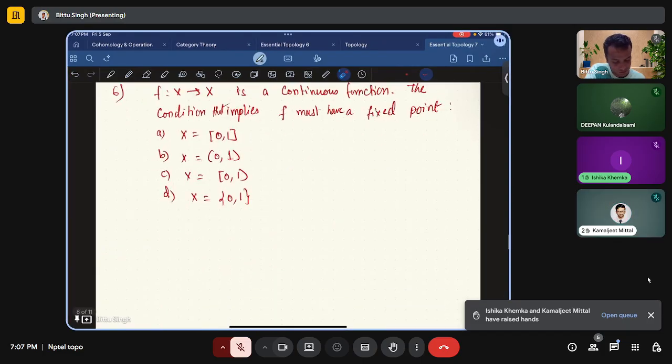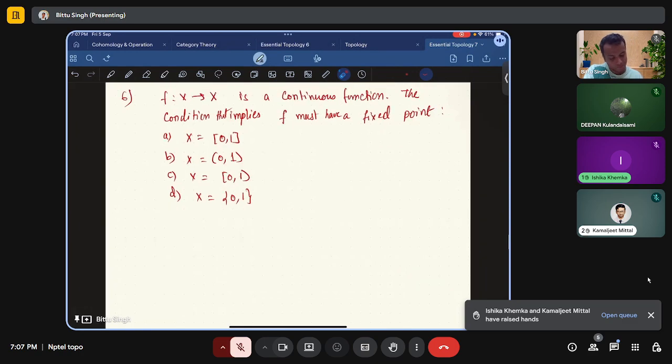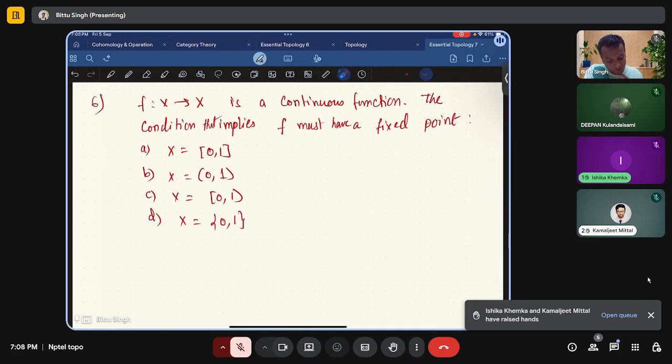So let us see the next question. Here f is a continuous map from X to X. The condition that implies f must have a fixed point. So for which condition must f have a fixed point?